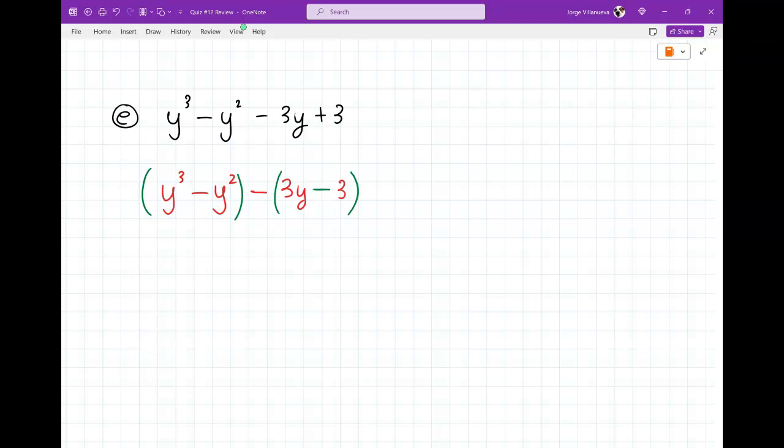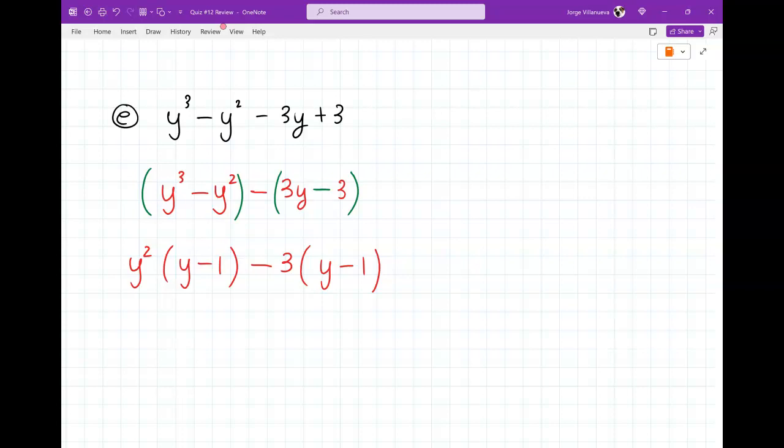So at this point now you start asking yourself, what do those parentheses have in common? So the left side parenthesis has a y squared in common. So I'm going to take out a y squared, and that leaves me with a y minus 1. Then minus. The other parenthesis has a 3 in common, so I'm going to put a 3 out, y minus 1. How do I know that I did this right?